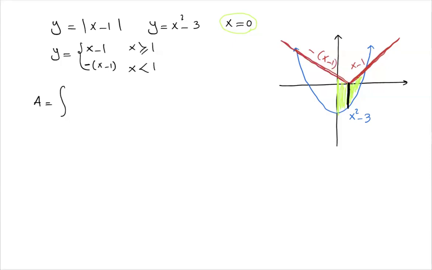That's why we divide this up into 2 integrals. So the integral between 0 and 1, the larger y value is negative x minus 1, minus x squared minus 3, dx, plus, and then we start at 1. Where should we stop? What's the intersection between these two?